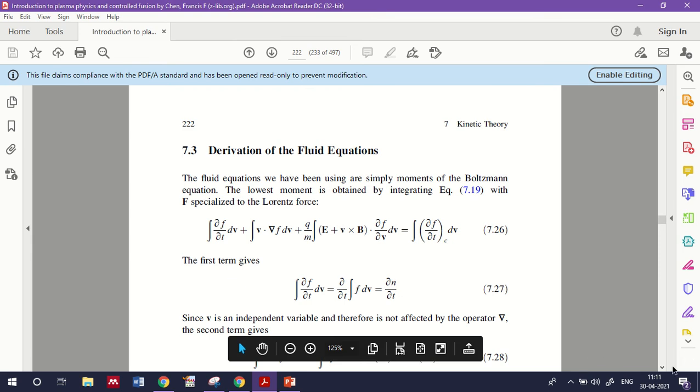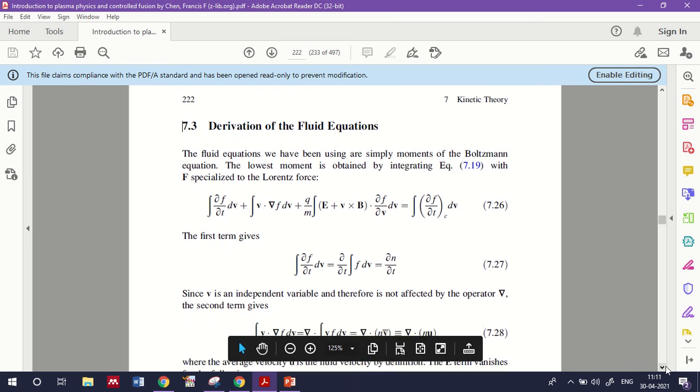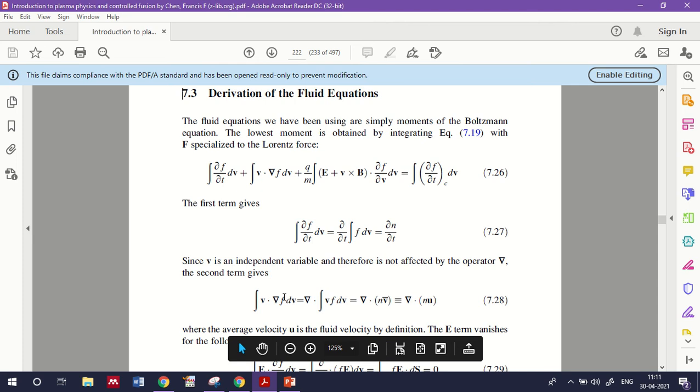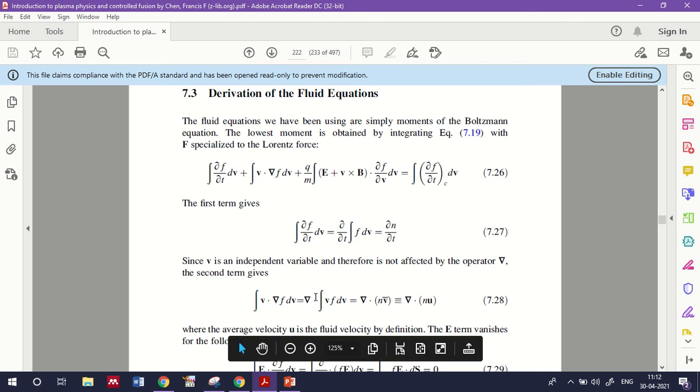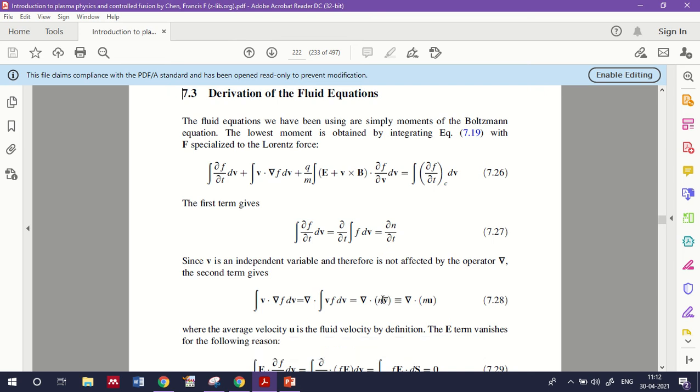And the second term, similarly, if you expand the second term, you will get the integral of v · ∇f dv. So you can see the second term of this moment of the Boltzmann equation is v · ∇f dv. This you can rearrange like this: ∇ · the integral of vf dv. So what is vf dv? We already know that it is n v̄, where v̄ is the average fluid velocity, and n is the number density of electrons or ions.